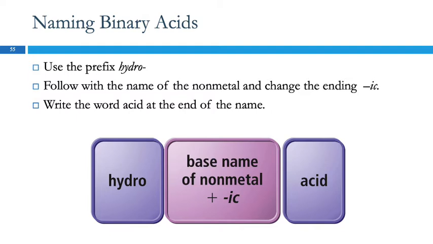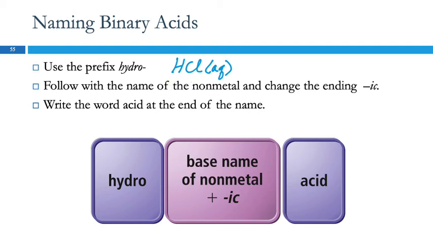So for those binary acids, we're going to use the prefix hydro to kind of stand in for hydrogen at the beginning of the formula. And then we're going to take the nonmetal, take its name and change the ending to ic, and then put the word acid on the end. So if we have HCl, this is two elements, hydrogen and a nonmetal.